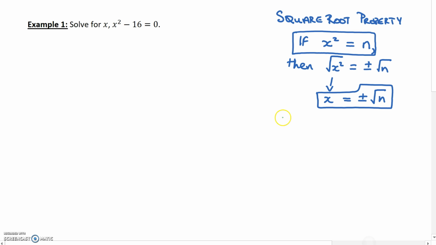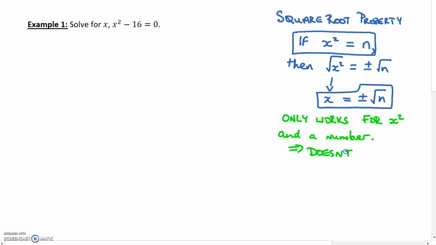Well, it only works for an x squared and a number. It doesn't work if there is an x term.